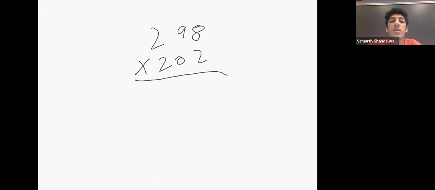Now, what you can notice is that the last two digits do add up to 10, but if you take them away, the rest of the number is not the same. Or they don't add up to 10, they add up to 100, my bad. So 98 plus 2 adds up to 100.